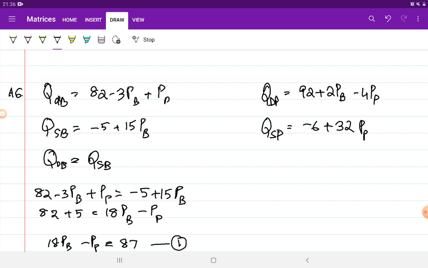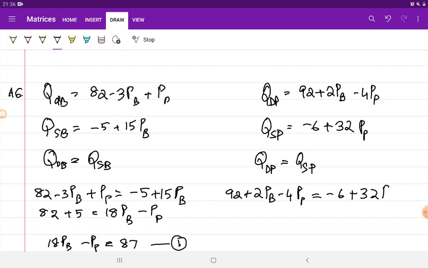Going to the equilibrium in the pork market, same condition. Quantity demanded for pork is equal to quantity supplied of pork at equilibrium. So you've got 92 plus 2 PB minus 4 PP is equal to minus 6 plus 32 PP.